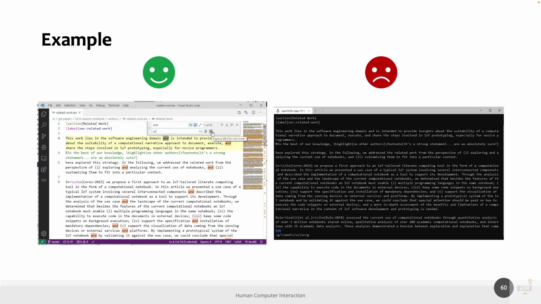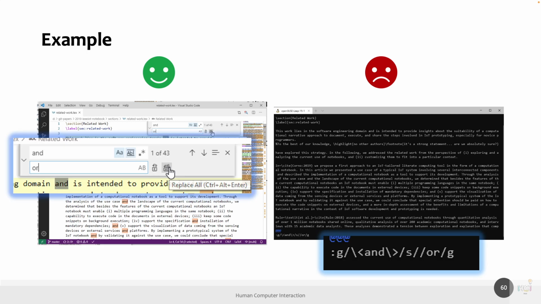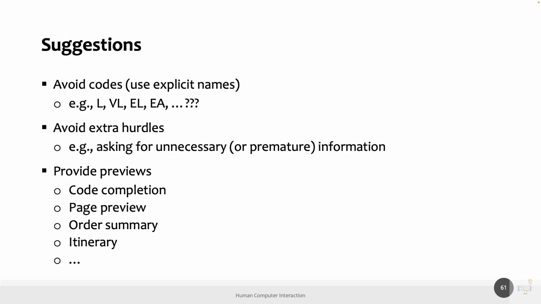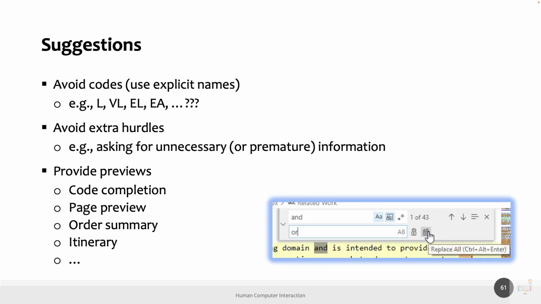Or maybe you can use Stack Overflow, but you still use 5 minutes of your day to look in Stack Overflow. Here instead, in Visual Studio Code, you just have to recognize which is the replace all button. And when you recognize this button, that's it. You can use it without remembering anything else. Suggestions: avoid acronyms and codes, use explicit names, provide a preview if you can, code completion, page preview, and so on.